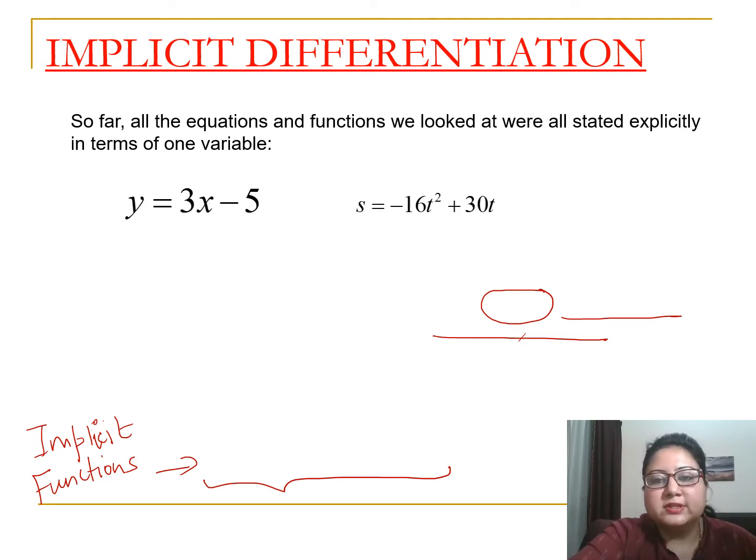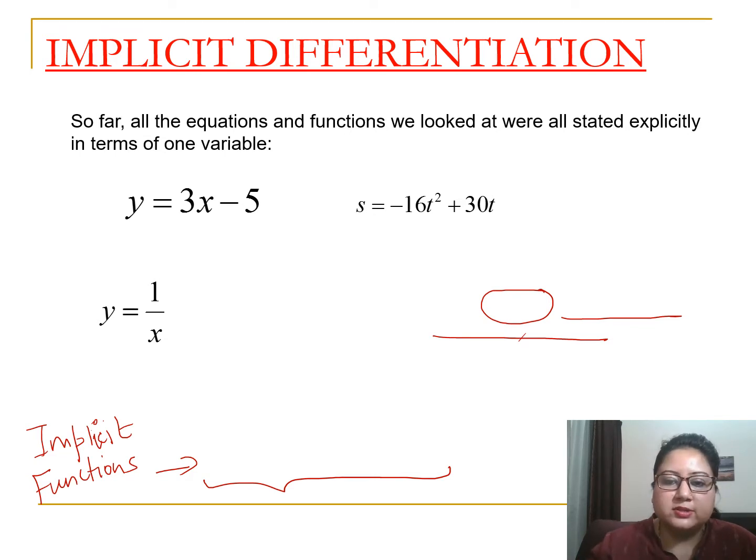I'm putting on the screen these two equations. I want you to observe what is common in these two equations. If you observe in the equation y equals 3x minus 5, one variable, y, is expressed clearly in terms of the other variable, x.